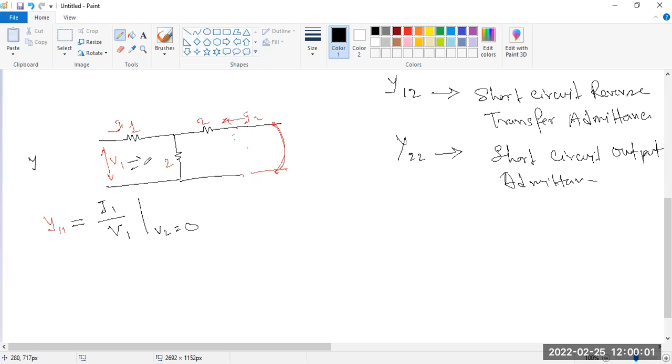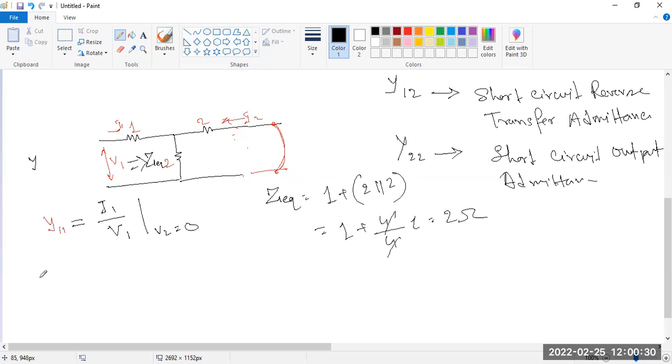Z equivalent is 1 ohm plus 2 parallel with 2. So it is 1 plus (2 into 2) by (2 plus 2), that is 4 by 4, which is 1. So ultimately it is 2 ohm.